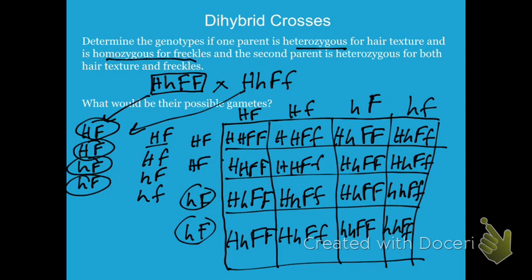So here, we'll do it by phenotype. I got to erase this because I'm going to be out of space. So let me just do this real quick. Let me make it a little bigger.